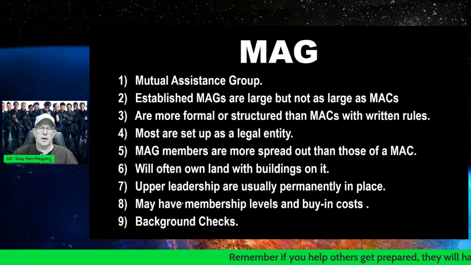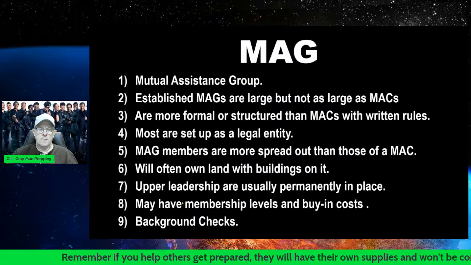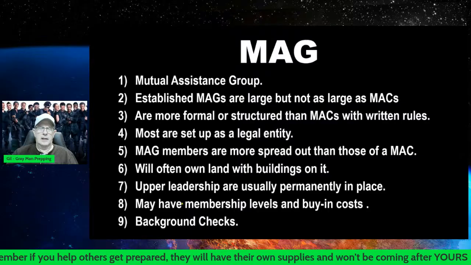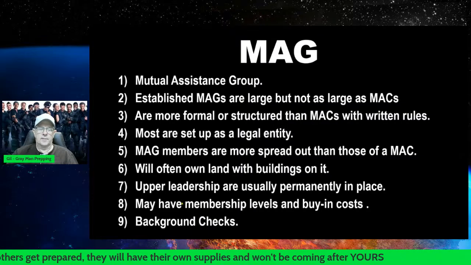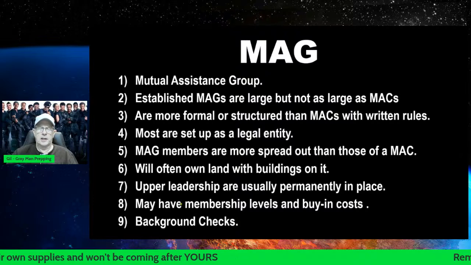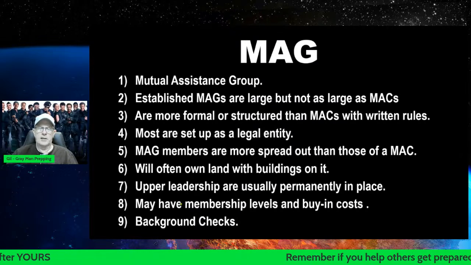MAG members are more spread out than those of a MAC or a CAG. They will often own land with buildings on it. Upper leadership are usually permanently in place. They may have membership levels and buy-in costs. Often they do background checks.